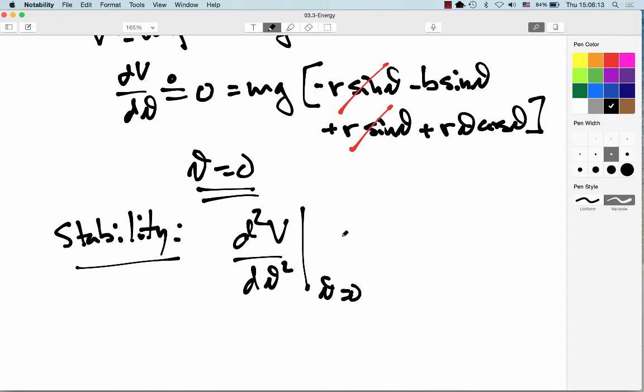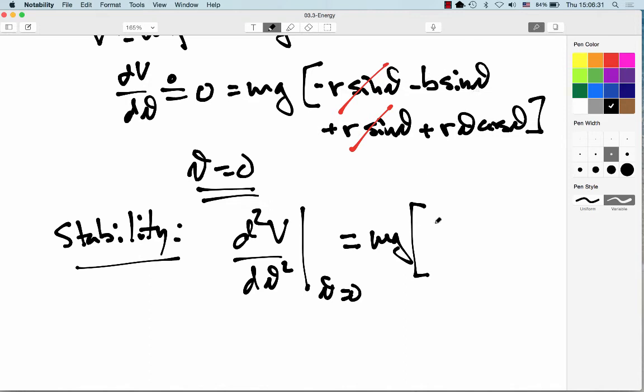Okay, so I've got an mg everywhere. Awesome, not really going to matter. Looking at the rest of this, okay, I've got a minus b sine theta. b is a constant, derivative of sine is cosine.